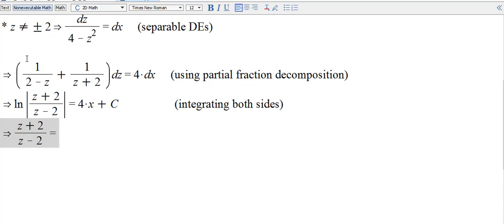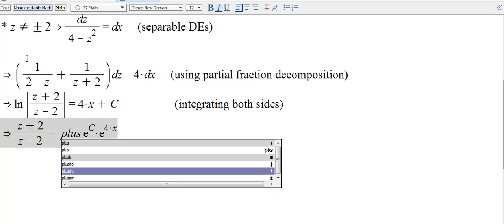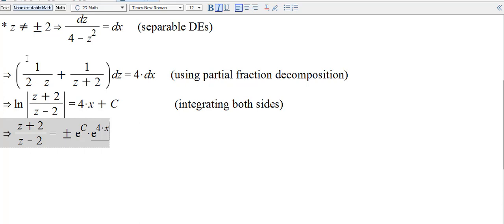Then we have this was exponential c times exponential 4x, and because we break the absolute bars, we need to add a plus or minus sign here. And we will call this constant c sub 1.